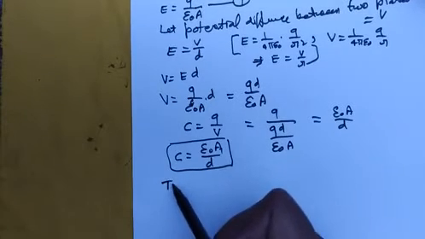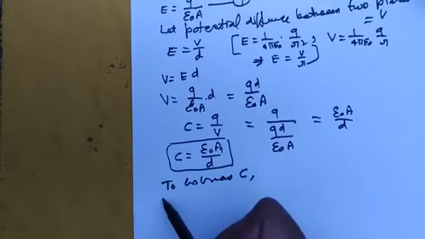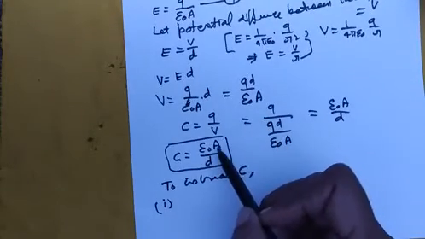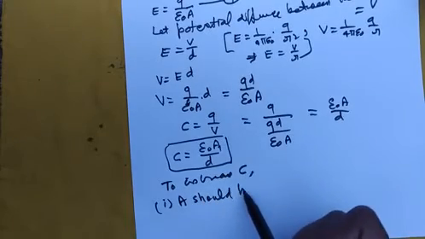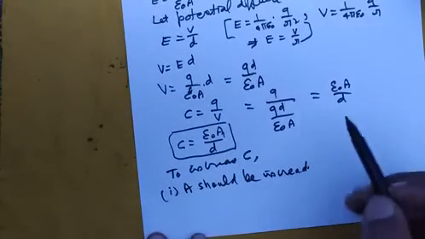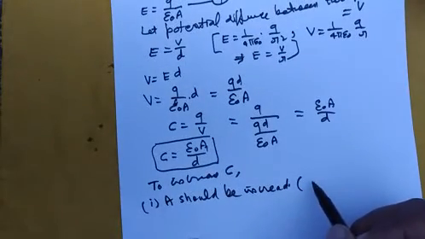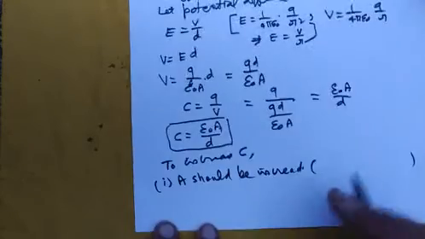So to increase C, first of all, increase A, means increase the area of the plate, you can write down.